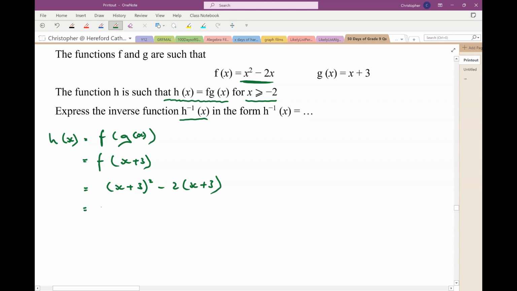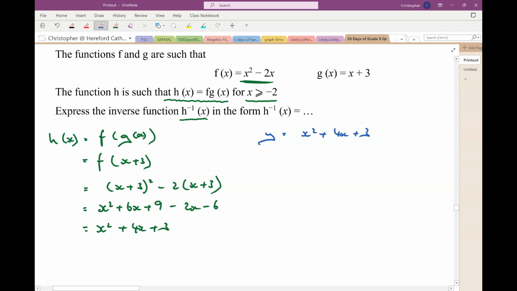That's going to be x squared plus 6x plus 9 minus 2x minus 6. So that's going to be x squared plus 4x plus 3. So there's an expression for h of x. And I need to find the inverse function. So I'm going to start by writing y equals x squared plus 4x plus 3.